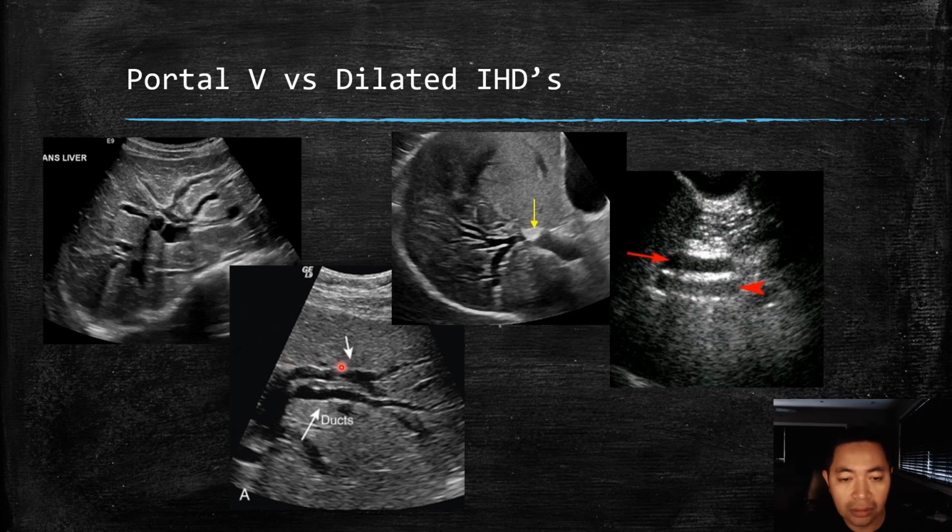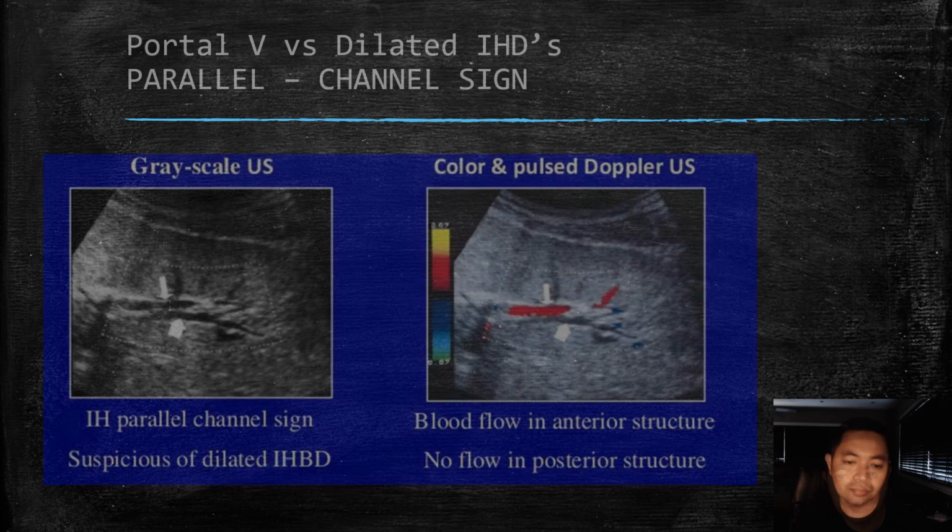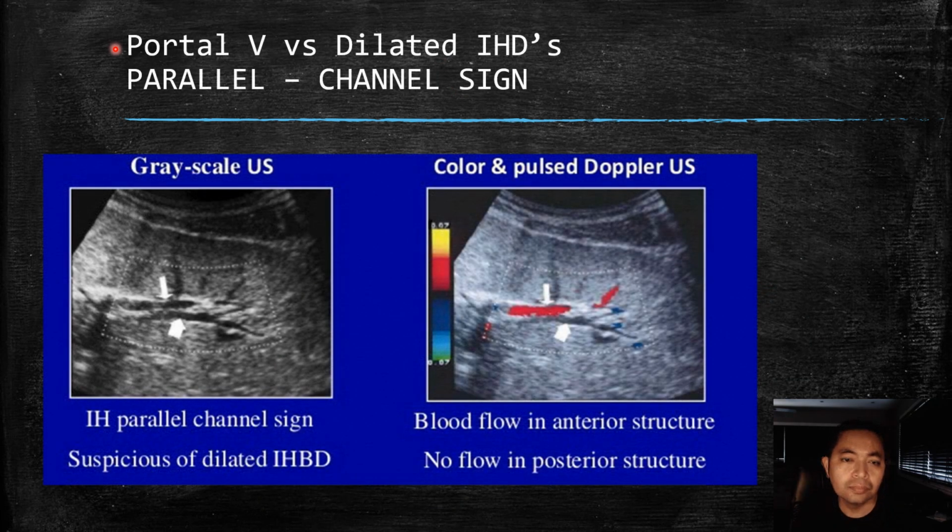And this is known as the parallel channel sign. The presence of the parallel channel sign is suspicious for dilated intrahepatic ducts. If doubt exists, Doppler mode imaging may again be of help, as flow will not be demonstrated in the bile ducts.